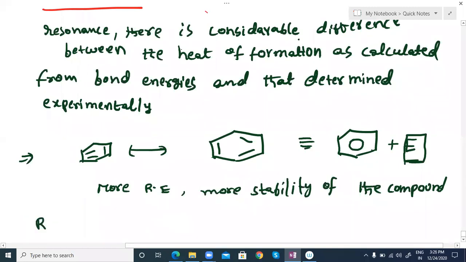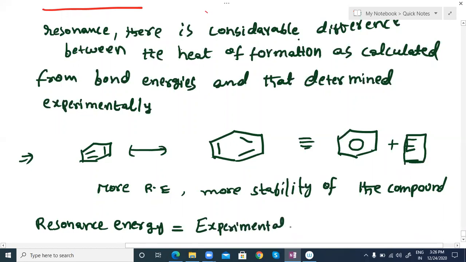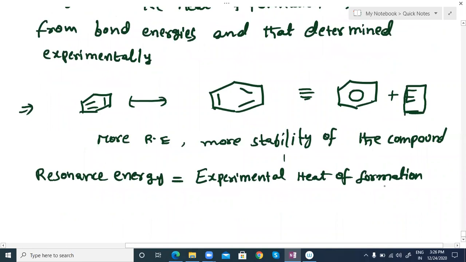So resonance energy equals experimental heat of formation minus calculated heat of formation.